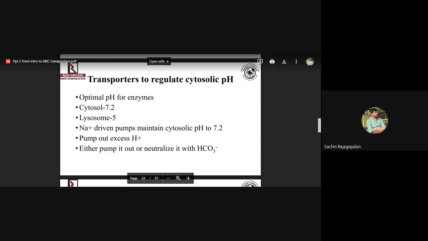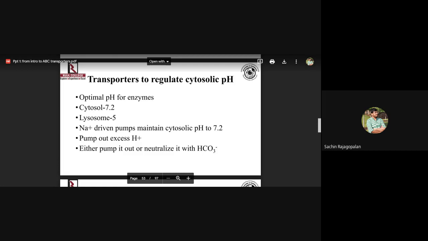This helps these cells to carry out their metabolic activities very normally. If the pH drifts towards extreme, the enzymes and proteins will all get affected in terms of their structural conformation. The activity of those proteins and enzymes is going to be hindered. And most importantly, nutrient acquisition becomes a problem.